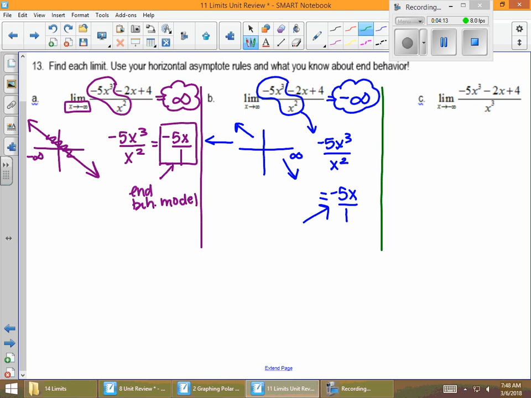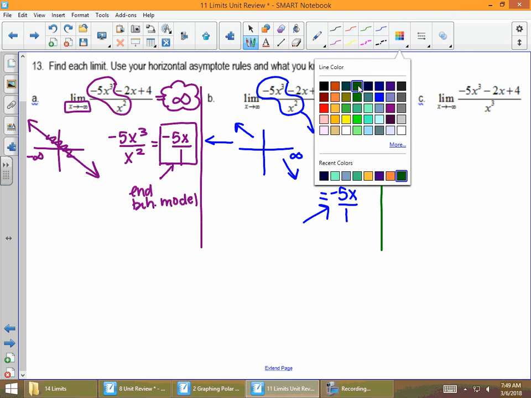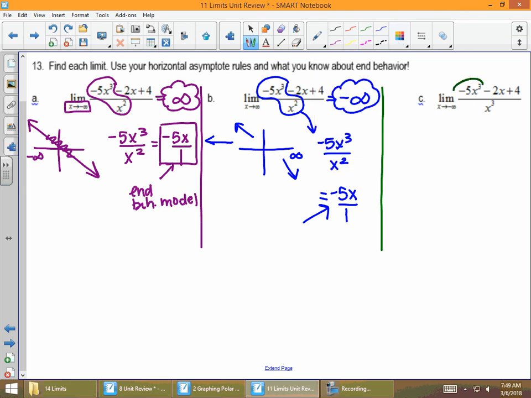Okay, see, our function has changed a little bit. So instead of having an x cubed on top and an x squared on bottom and making a top-heavy fraction, now this has the same degree on the top and the bottom. So again, all I care about are my leading coefficients. So I'm going to grab them and reduce.